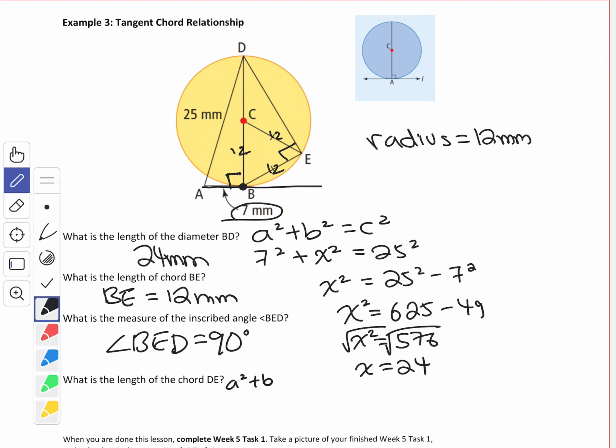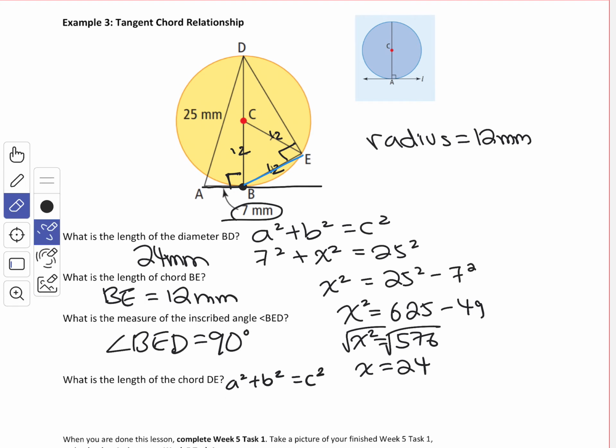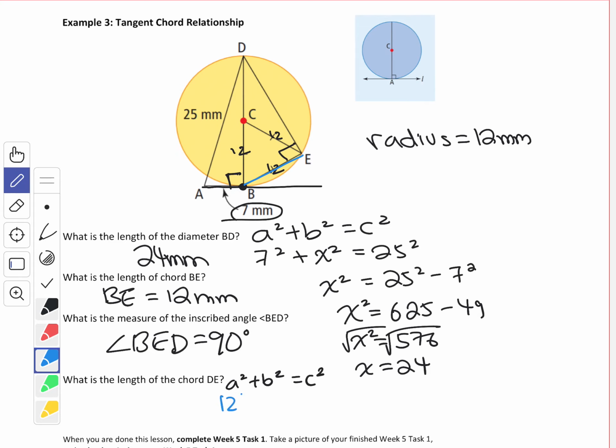We said the diameter BD is 24 millimeters. To get that, we're going to use A squared plus B squared is equal to C squared again. Our A is 12, so 12 squared. B is what we don't know because that's what we're asked to find, so X squared.